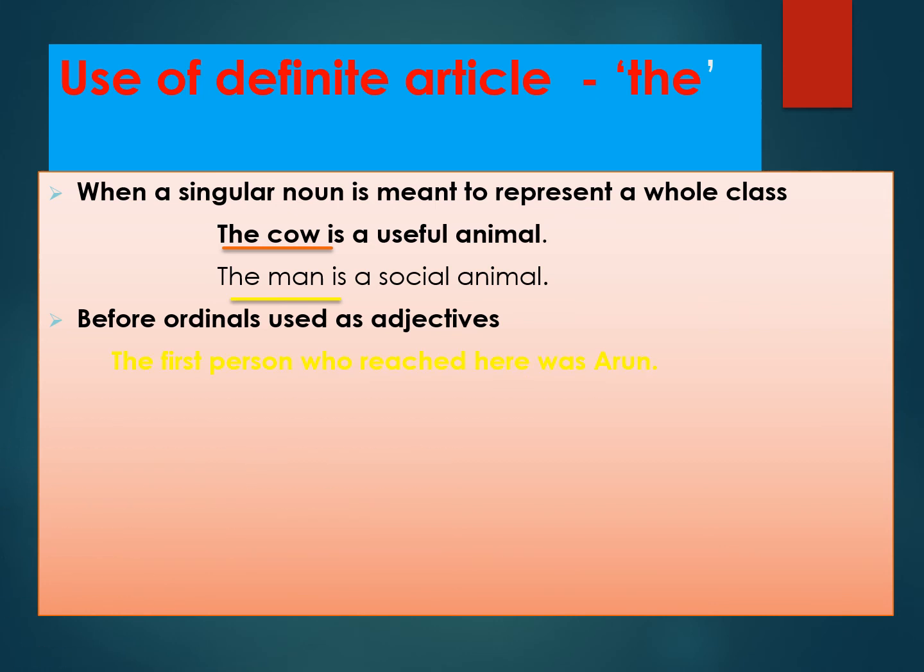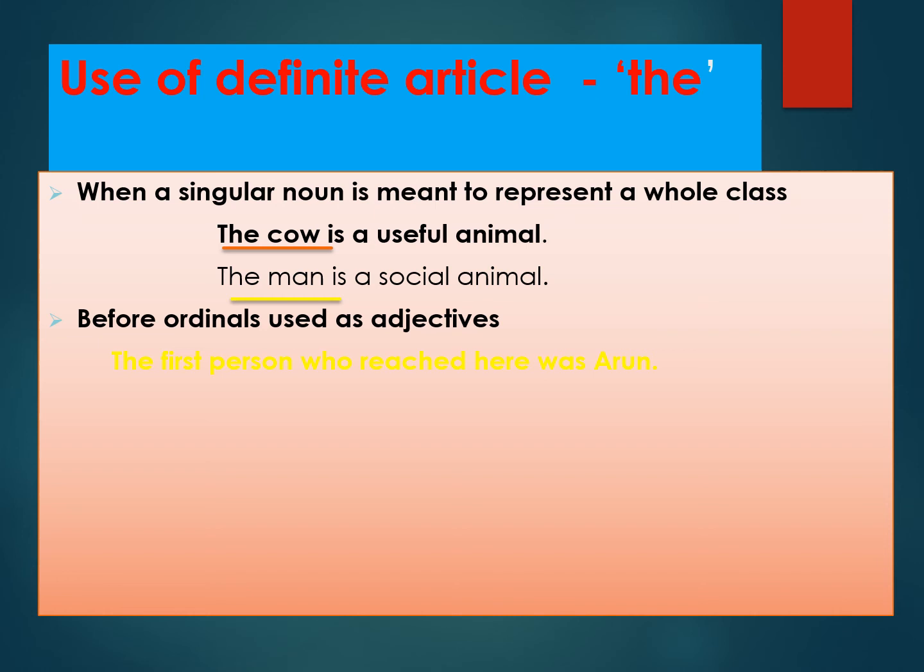Example, the first person who reached here was Arun. So in this sentence, person is a noun. First is an ordinal number.